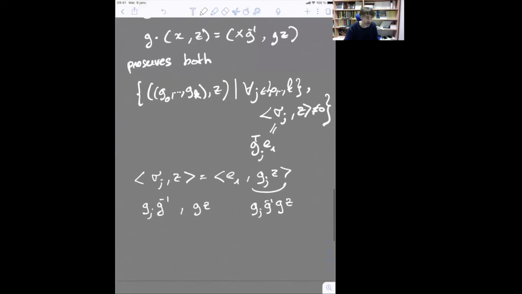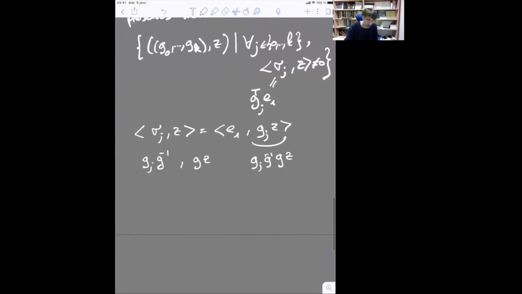Another way to erase, not really hyperplanes but subspaces, is to consider now this subset.